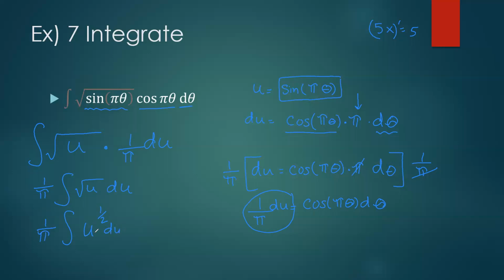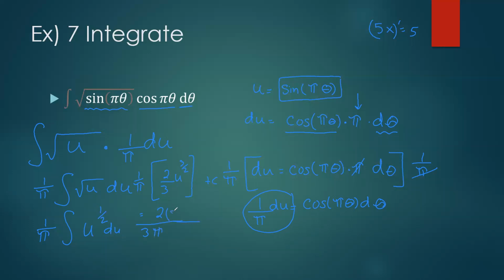I think we did it in one of the previous videos. That turns out to be 2/3 u to the 3/2. And because we took out a 1 over pi, we have to multiply this by 1 over pi. And then don't forget the plus c. So when you put it all together, you get 2 over 3 pi times u to the 3/2.